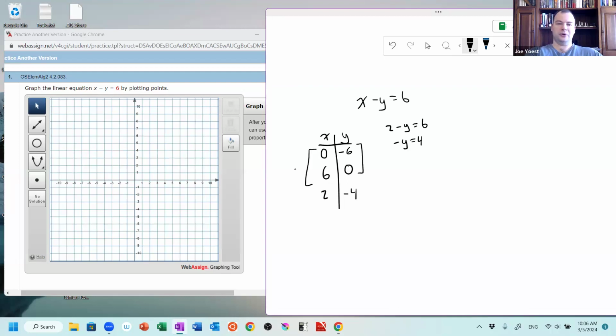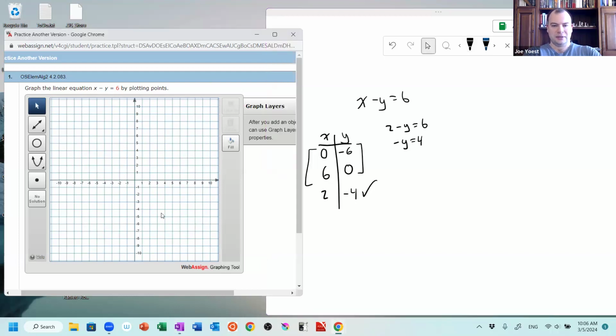I use these two points to plot on my WebAssign graph, and then I'll use this one as a check to make sure that (2, -4) does look like it's on the line that's graphed. These should be easy numbers to plot based on this grid of integer points. So I go to my line here, click that. And again, I want to use my two-directional line.